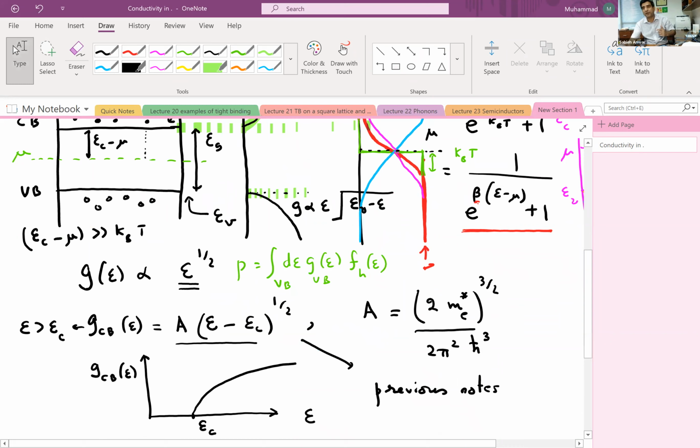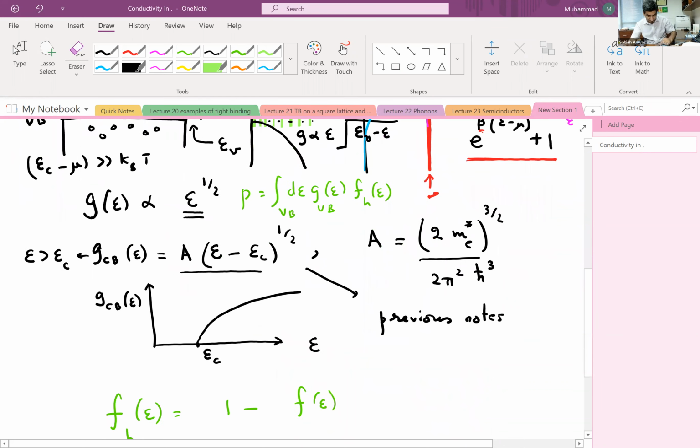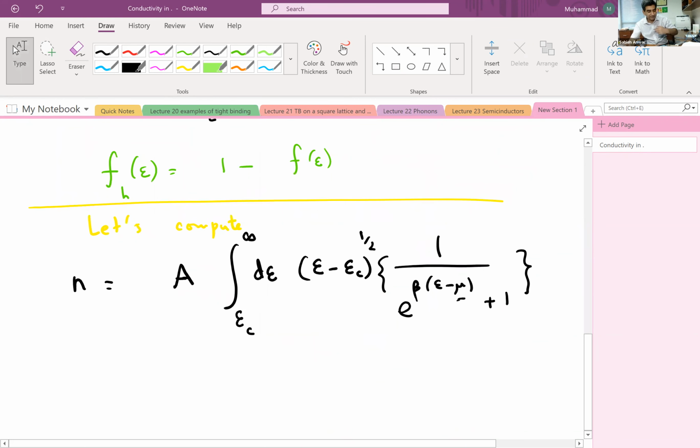And this is going to be true in most cases, by the way, unless there are conditions such as excessively high doping, etc. But if this condition is met, that is E minus mu is much larger than kBT, which is 1 over beta, then we can replace this integral. This exponential is going to be much larger than 1.